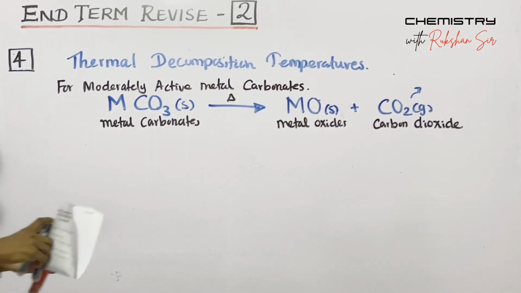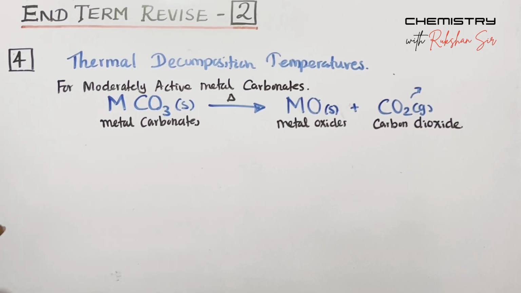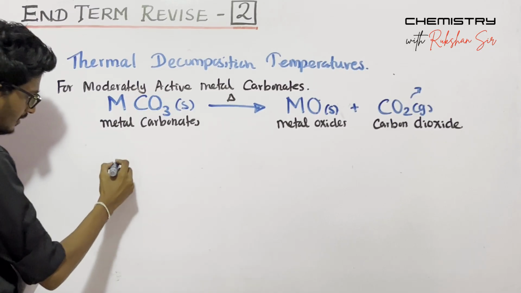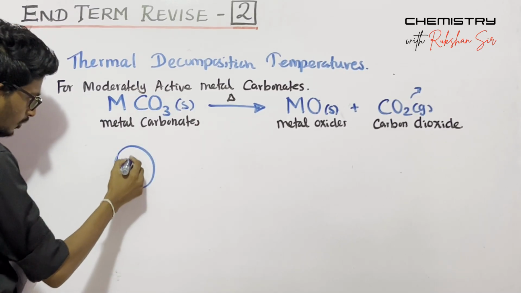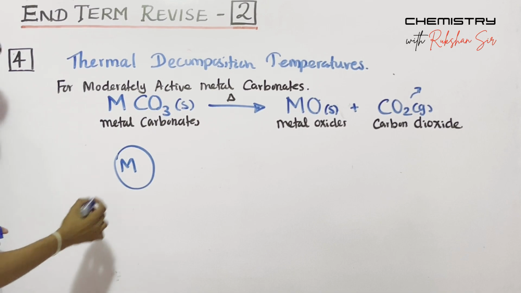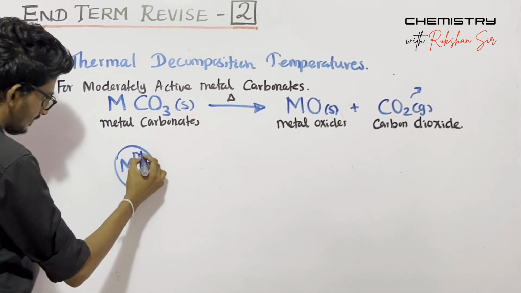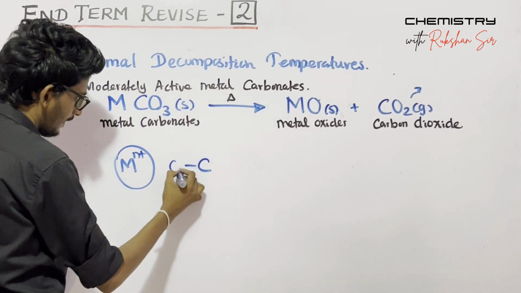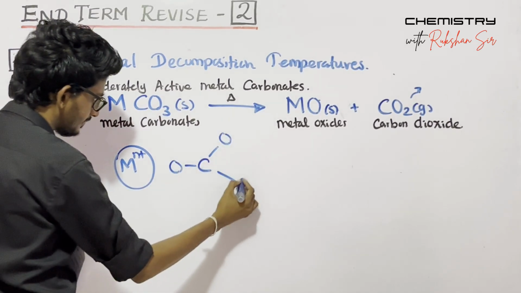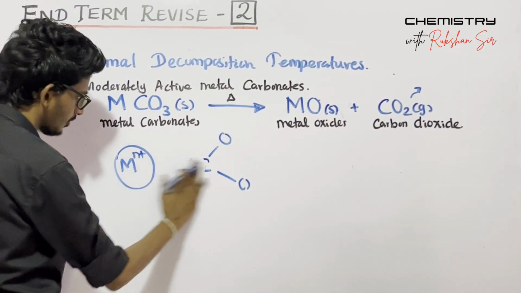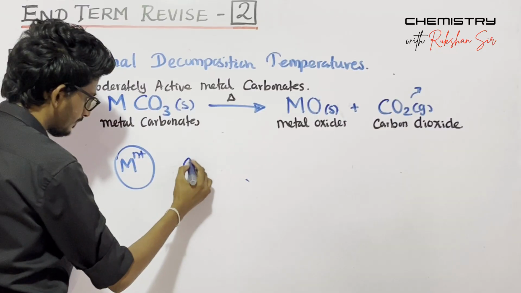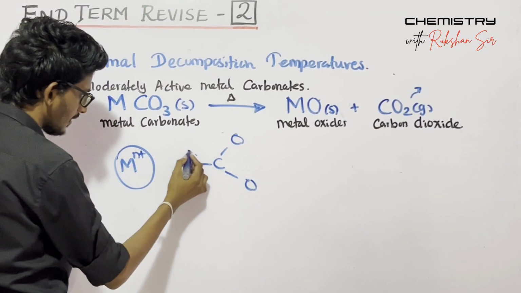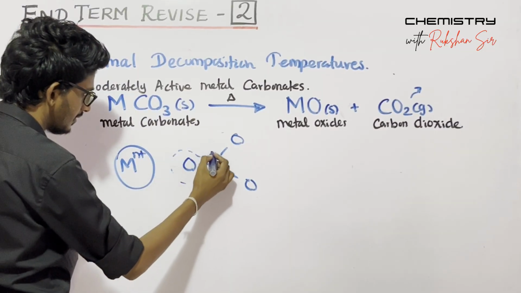If you try to picture this scenario, you have a metal cation, and this is your carbonate, appearing as a resonance hybrid.